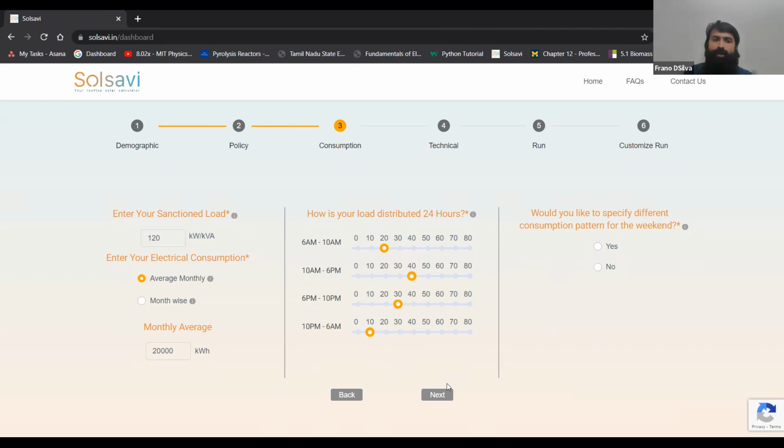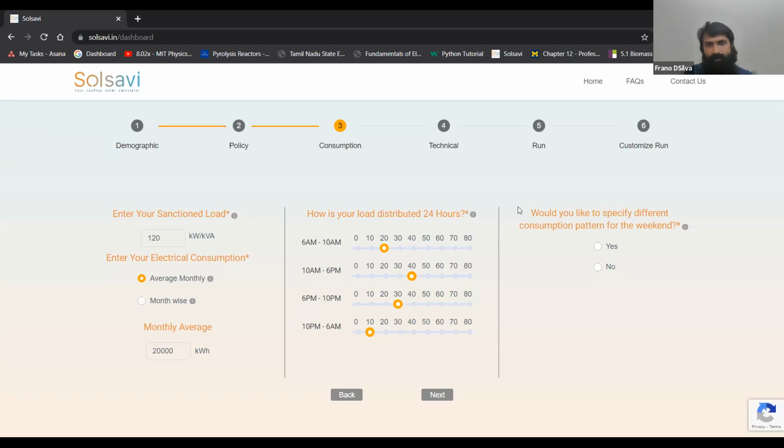Please ensure that the sum of the percentages for allocation of load distribution must be 100%. Else you will have this error which will prompt you to revert back to a sum of 100% before proceeding to the next step.